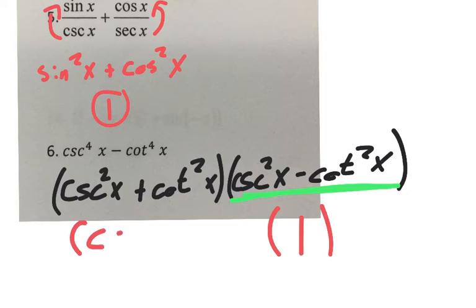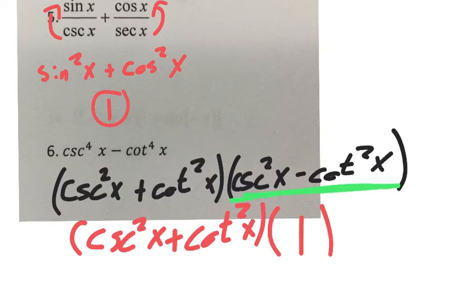So, like right here is one of the problems where I would say I have a hard time knowing where to stop. Okay, I could stop right here, and I don't know if that's the final answer or not. I've simplified it, but I know I could simplify it again. Because what is cosecant squared?